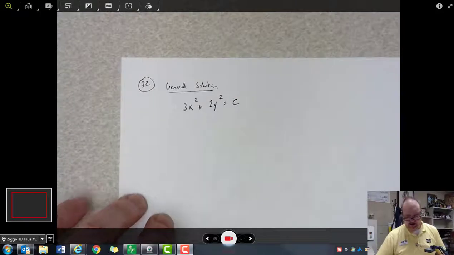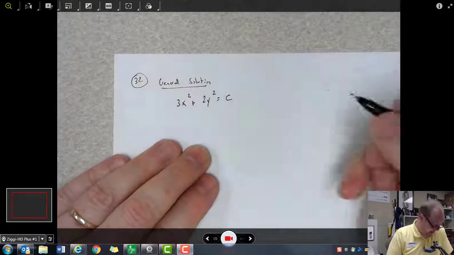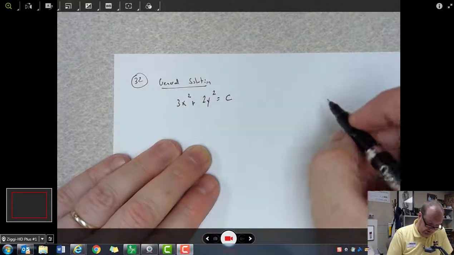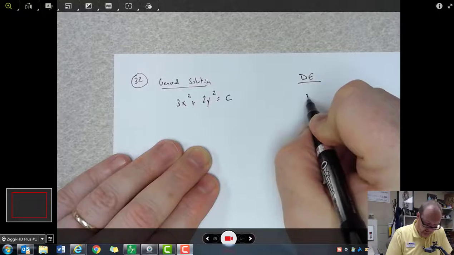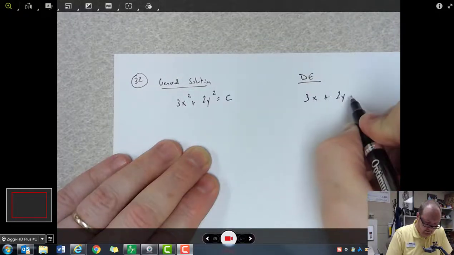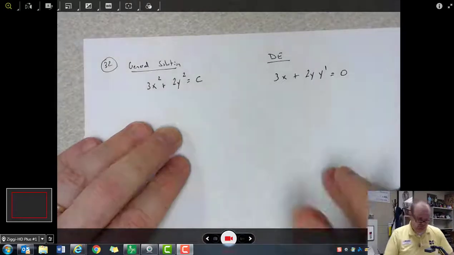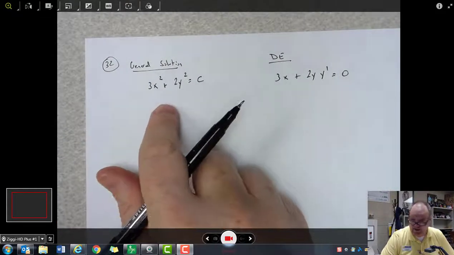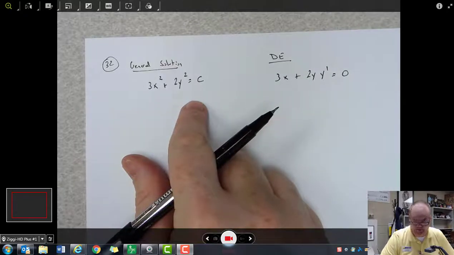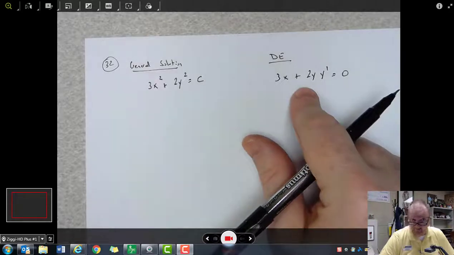I don't know what the constant is, but I can still see if that satisfies the problem or not. And then the differential equation that I'm examining is 3x plus 2y, y prime, all equal to 0. So the first thing I'm going to do is to take a derivative over here, and I'm going to have to use implicit differentiation to do that. And then I'll plug in everything into this DE to see does it satisfy it or not.